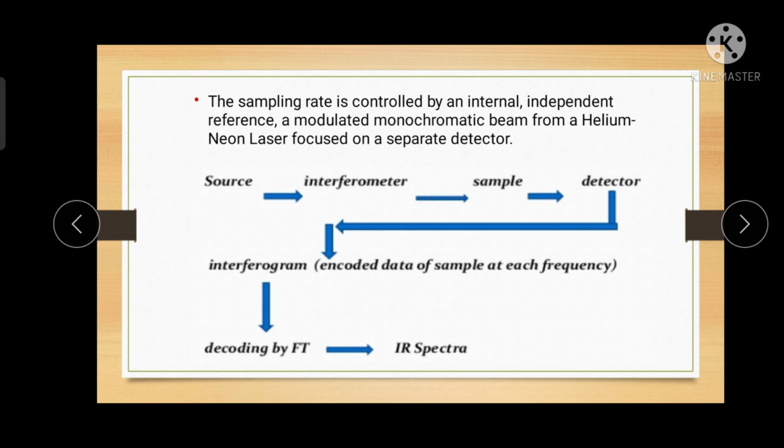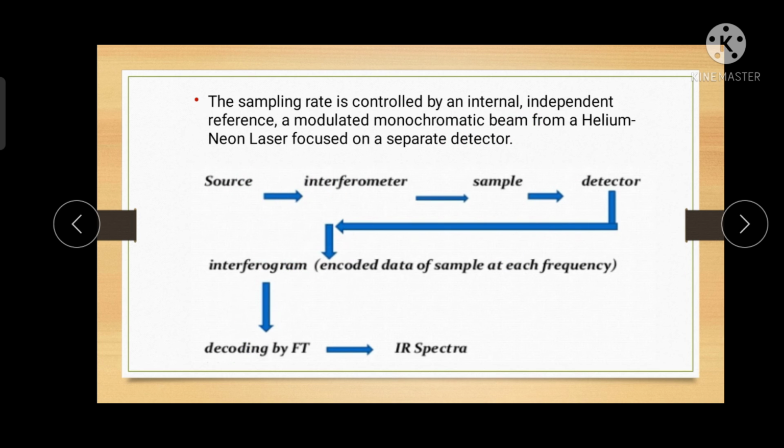Or indirectly we can also say that after the emission of the radiation from the source, it is given to the interferometer, and directly we get the interferogram, that means the encoded data at each frequency which is emitted by the source, and again it is decoded with the help of Fourier transformation, and we get the IR spectra, but without sample analysis.